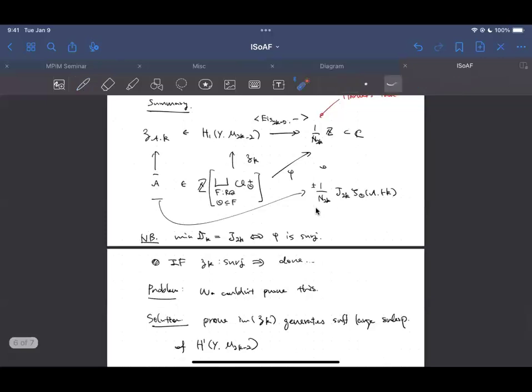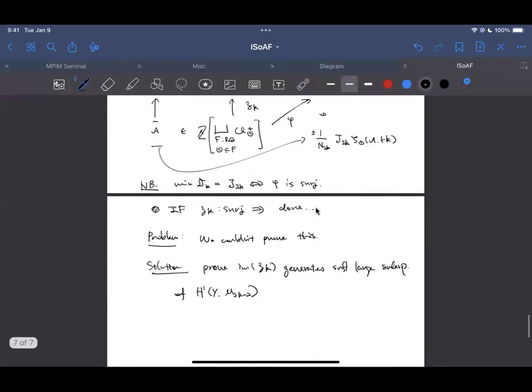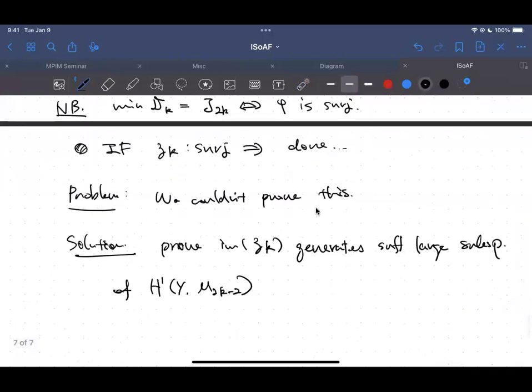So we want to prove that the image of this map is sufficiently large so that we can show that this is surjective. And in practice, this sufficiently large subspace is actually the so-called p ordinary part.